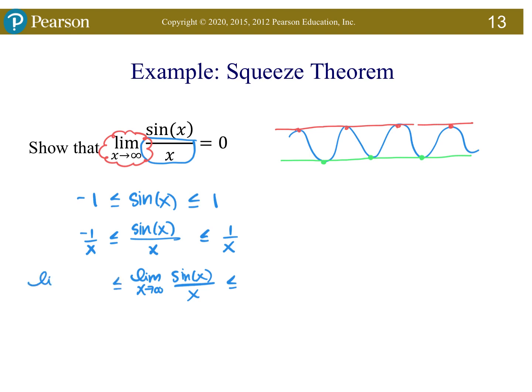So I'm going to have the limit as x approaches infinity of negative 1 over x, and then the limit as x approaches infinity of positive 1 over x. Okay, so let's plug in infinity and see what happens.